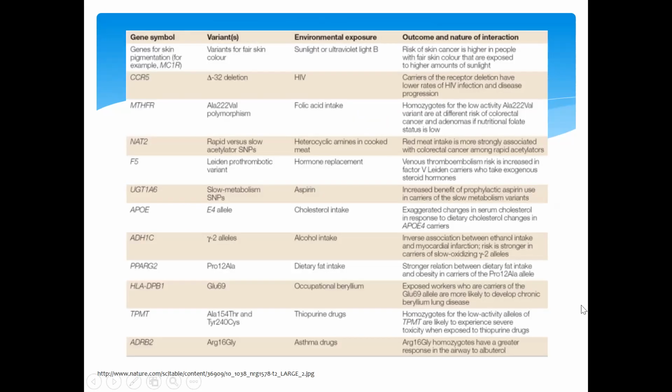Can I interrupt really quickly? I just have a quick question. So what I'm understanding you saying is we all have these gene variants, but if we have the variant plus the environmental exposure, that's when we display the disease. Think of it as the flame to a firecracker.